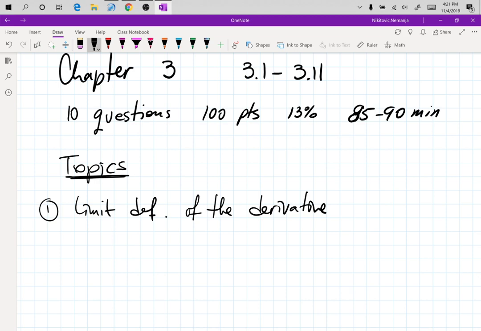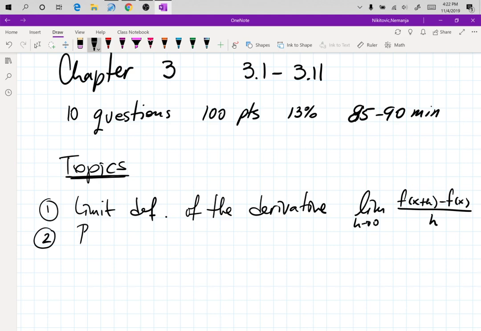You guys had this question already on your first exam. This is the good old limit as h goes to 0 of f of x plus h minus f of x, divided by h. This time we say find the derivative. On your previous exam we said find the limit, so it's the same thing.